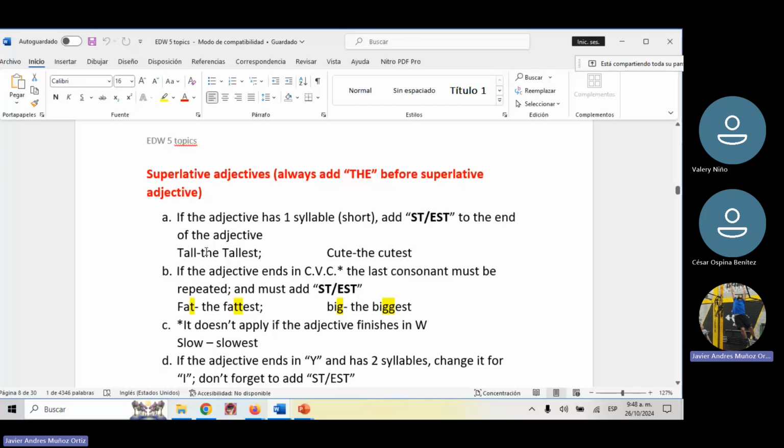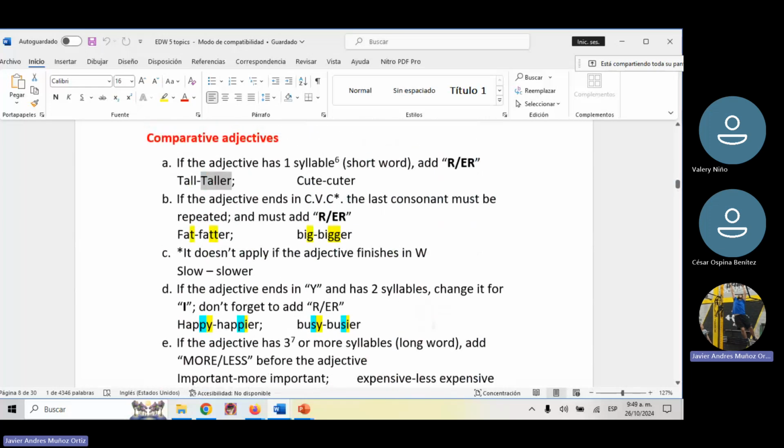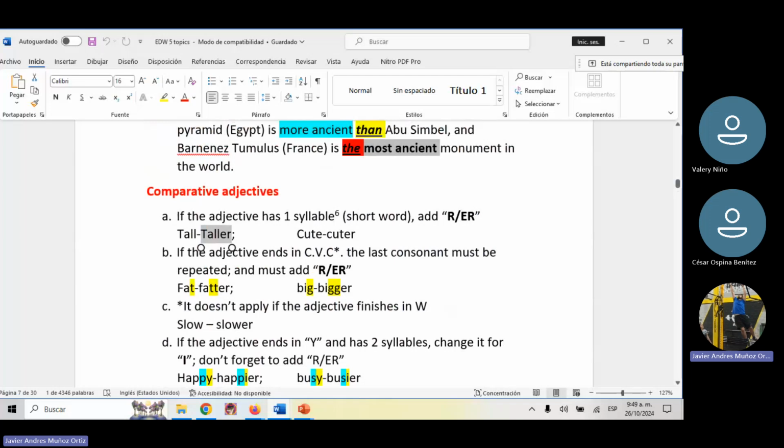Marcos is tall, Fernando is taller than Marcos, Mariana is the tallest person in the room. Mariana es la persona más alta en el cuarto, for example. Tall, taller, the tallest, right? So we are creating sentences with these adjectives. We add ER for the comparative, EST for the superlative.